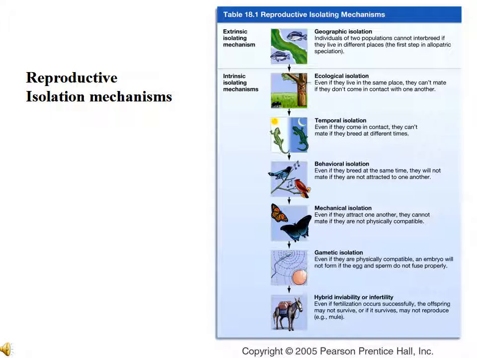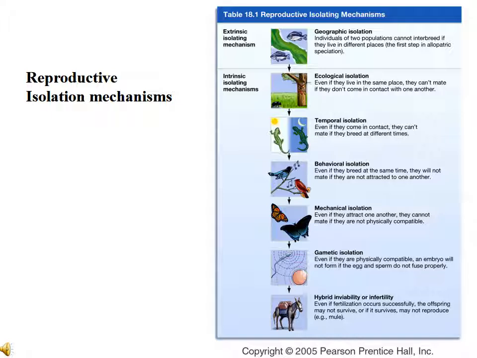Now, another mechanism of reproductive isolation is that over time, the mating habits change. This is referred to as temporal isolation. One organism wants to mate in the daytime, and one wants to mate at nighttime. Well, obviously, the two never get together to mate. Another mechanism of reproductive isolation is behavioral isolation.